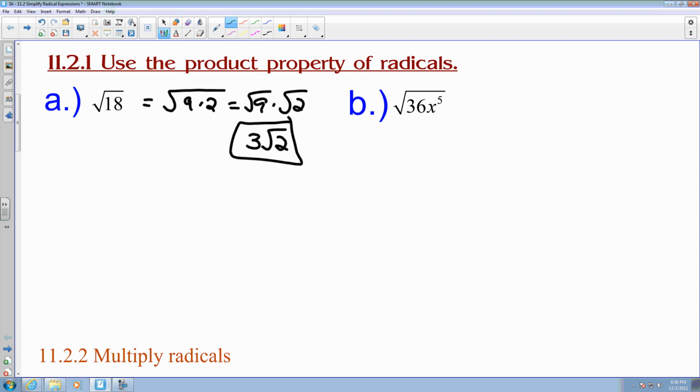But since we can't, what we can do is make this look like the square root of 36x to the 4th times x, which equals the square root of 36x to the 4th times the square root of x. And the expression can be simplified as 6x squared times the square root of x.